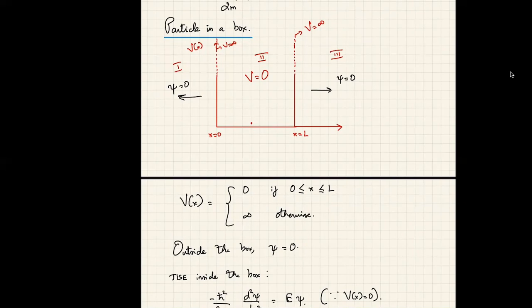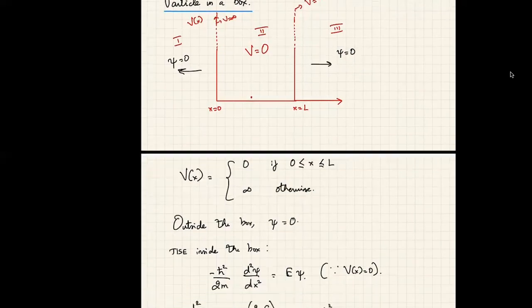What does this mean? This means that at the interface x equals 0, the solution that you obtain by solving the Schrodinger equation in region 1 should be the same as the solution you obtained by solving the Schrodinger equation in region 2. This is the statement that the wave function must be continuous. Not just the wave function, but the first derivative should also be continuous.